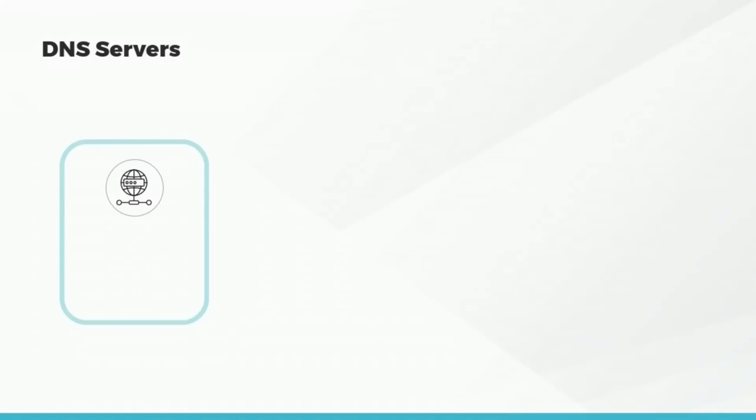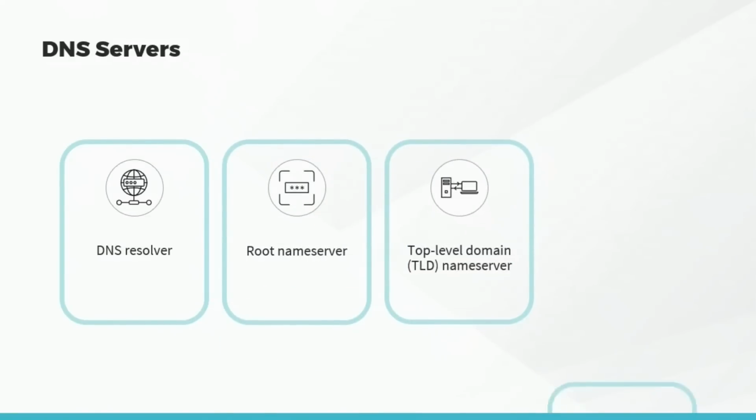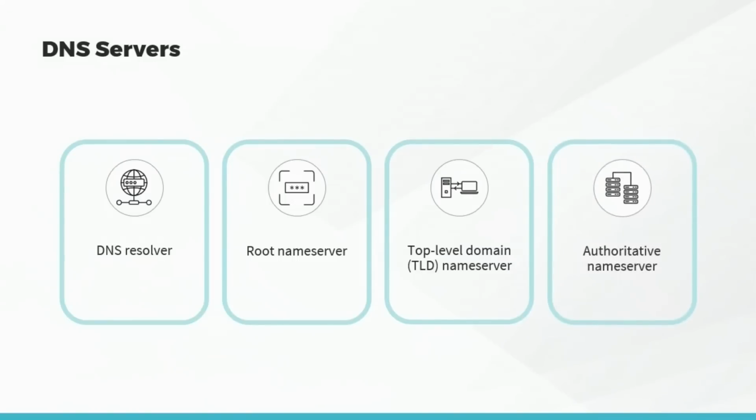So when it comes to locating any given name, the components involved with the process include a DNS resolver, also sometimes referred to as the DNS recursor, because it is the system that ultimately finds the requested IP address for us, root name servers, top-level domain name servers, and authoritative name servers.